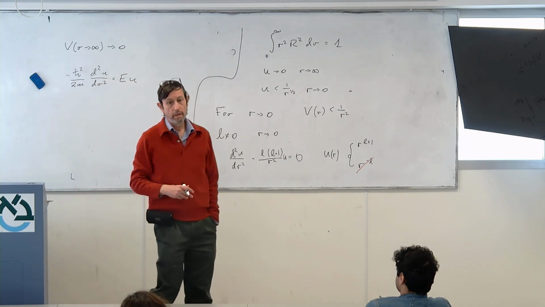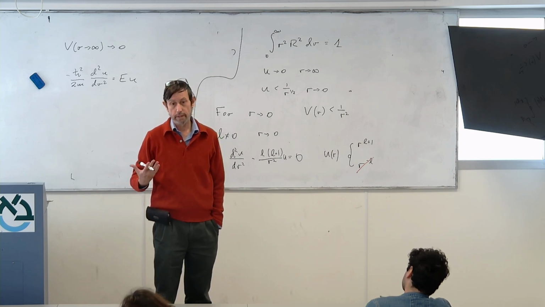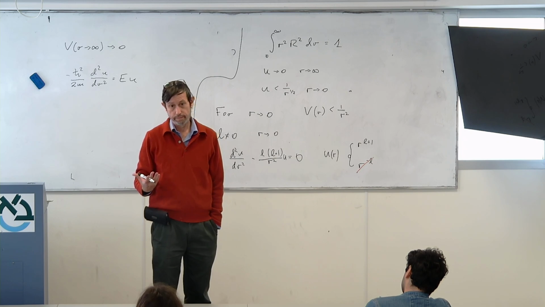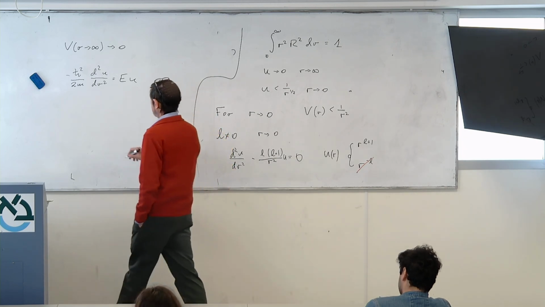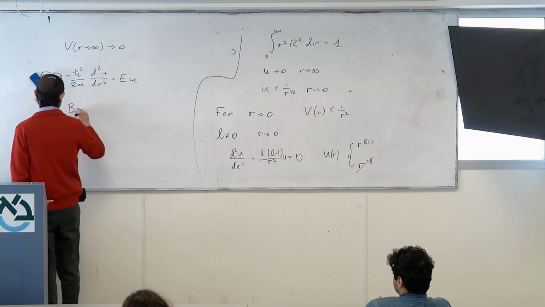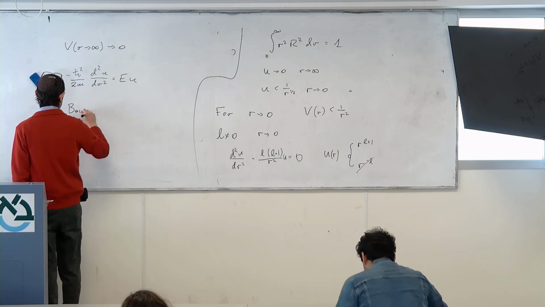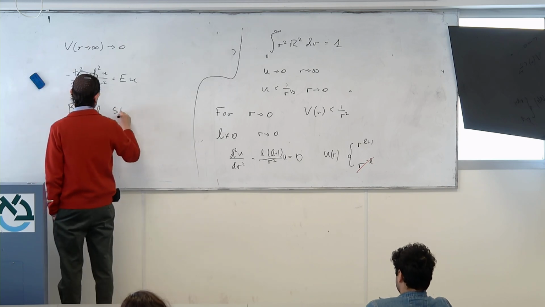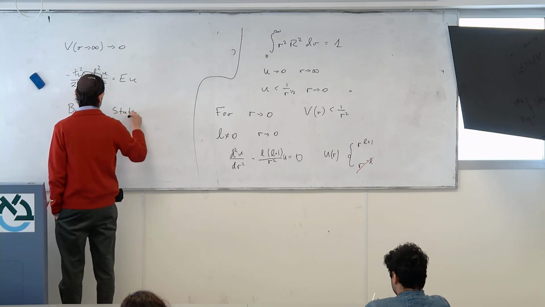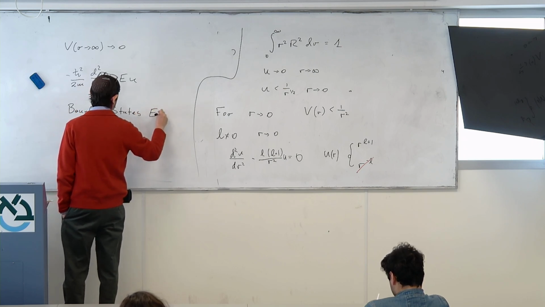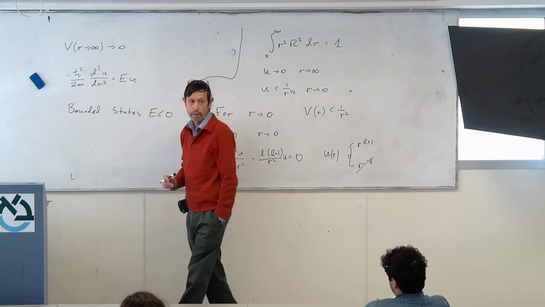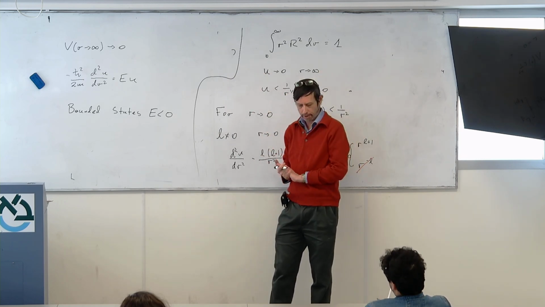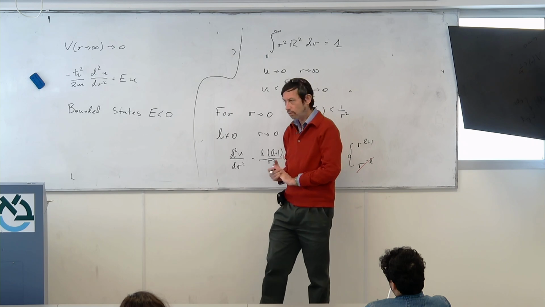So I'm left only with 2 terms. Now, we'll be interested in the hydrogen atom for the bound states, meaning E smaller than 0. Just look at the potential, it must be smaller than 0.